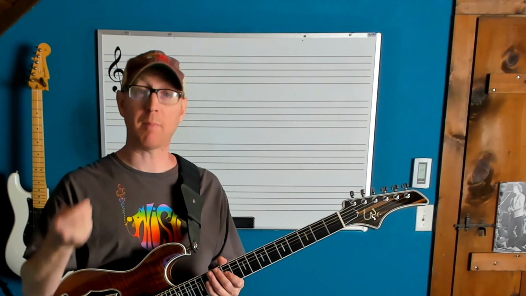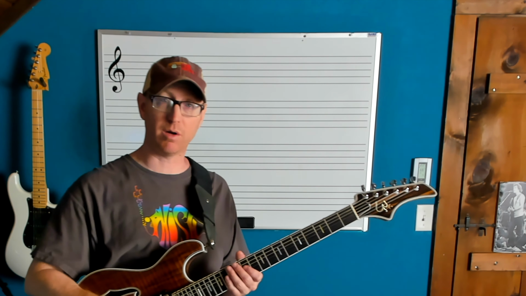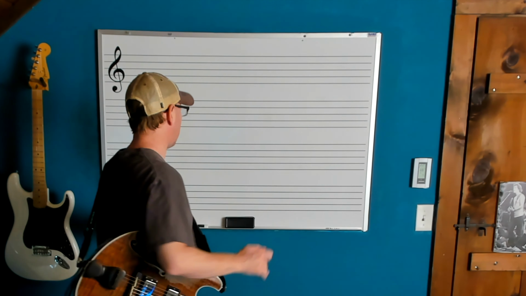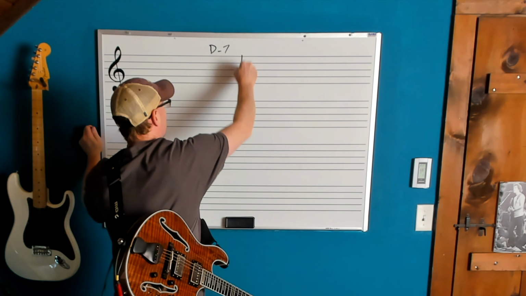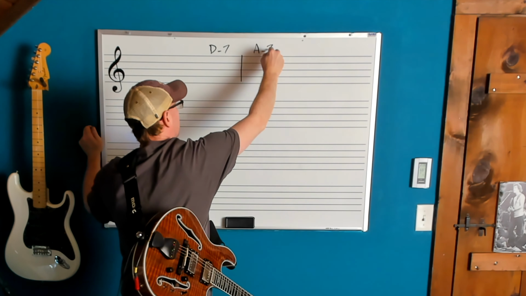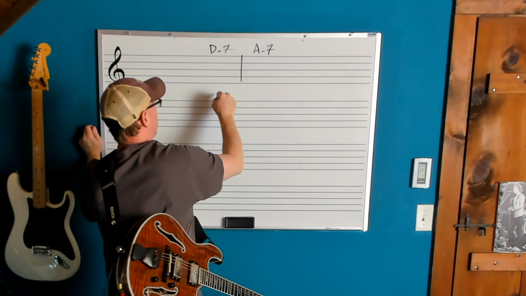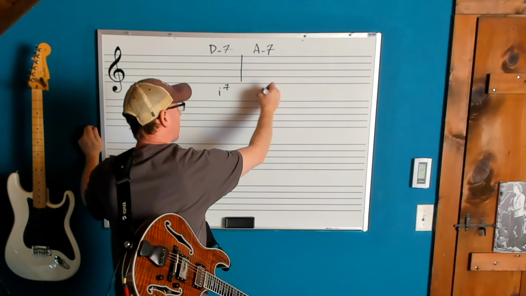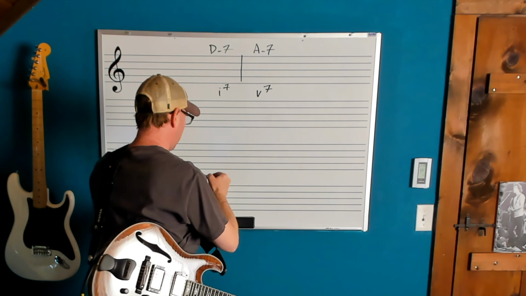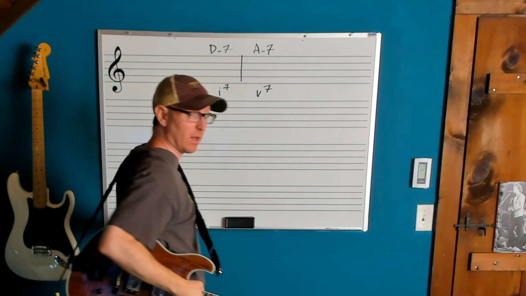So in another minor key, we're going to go over Harry Hood really quick, which goes D minor 7 to A minor 7. Now, this is a 1 chord, lowercase minor, going to a lowercase 5/7, not using harmonic minor, right?